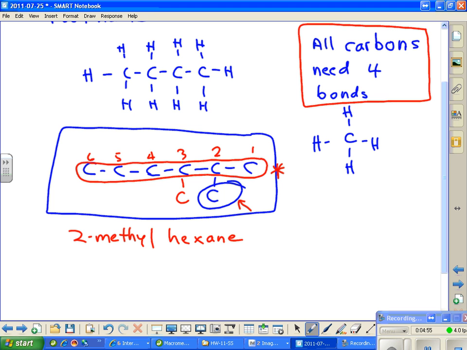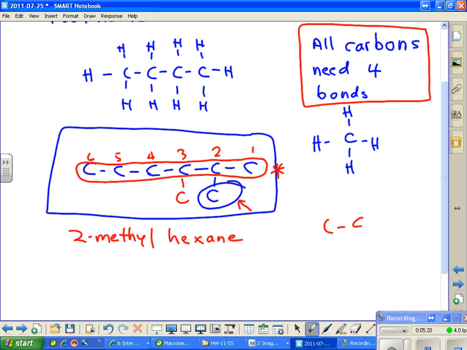I'm adding another substituent. Now what do we do? No. You're making a mistake that lots of people make, and I'm glad you did it. Not that I'm glad you're making a mistake, but I'm glad you did that because a lot of people look at that and they say methyl. A methyl is this, or an ethyl, I'm sorry. This is ethyl.